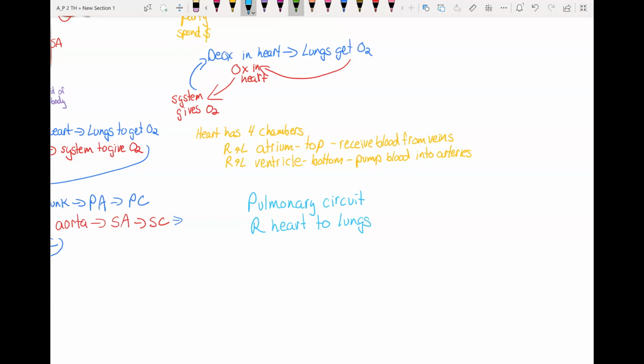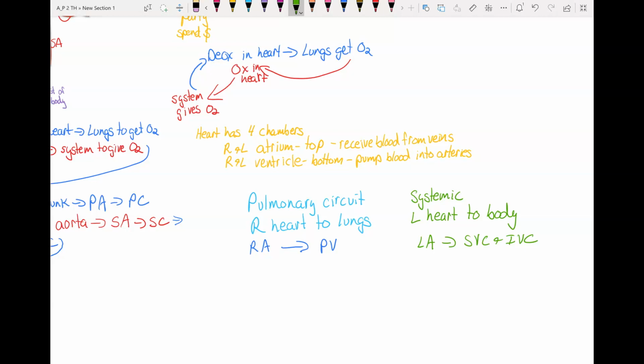And the systemic circuit is the left side of the heart to the body. Both circuits begin with an atrium. So pulmonary circuit is going to begin with the right atrium, and it's going to end with the pulmonary veins. The systemic circuit is going to begin with the left atrium, and it is going to end with the superior vena cava and inferior vena cava.